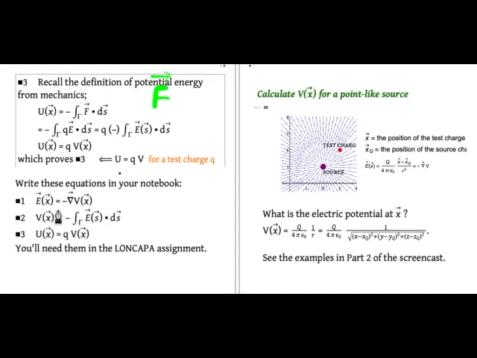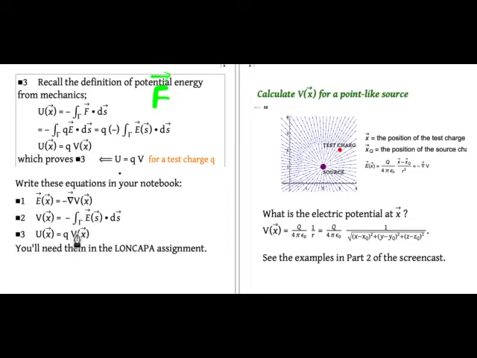That gives me the potential at x. And there's a relation between electric potential and potential energy. The potential energy of a test charge is Q times the electric potential at the same point.